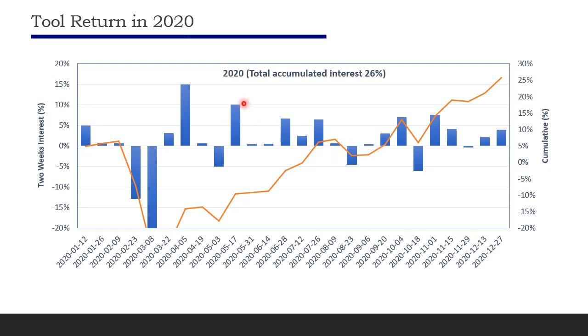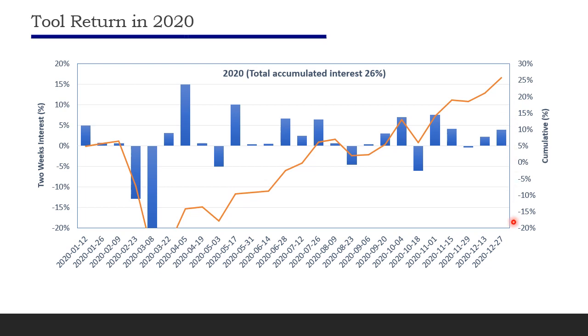2020, as you know, at the beginning of the year, we had a sharp drop in the stock market due to the pandemic, but by the end of the year, it somehow recovered, and it was not a really bad year for trading.